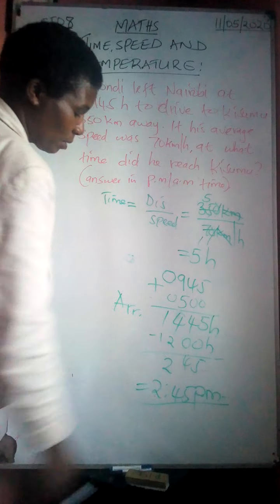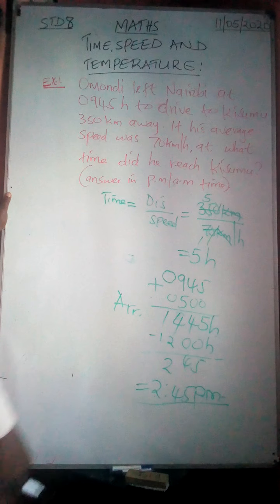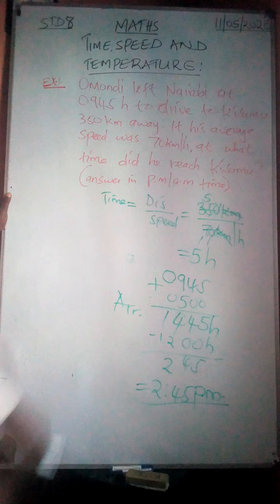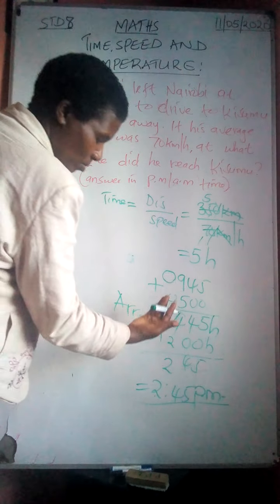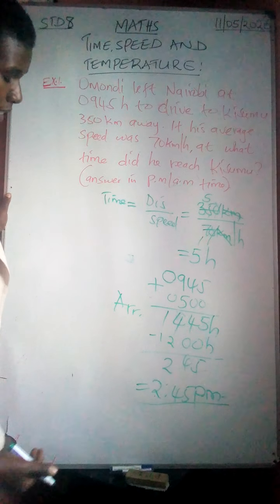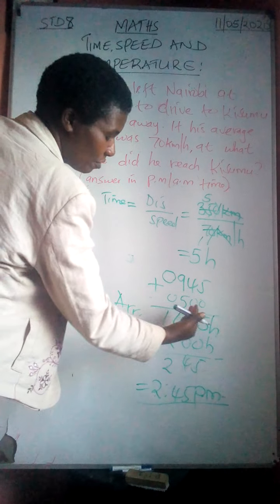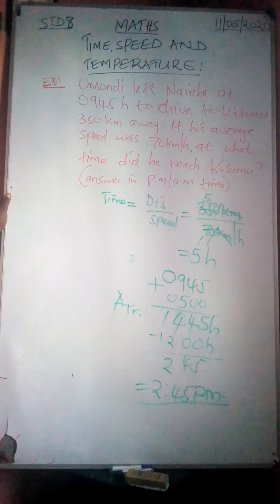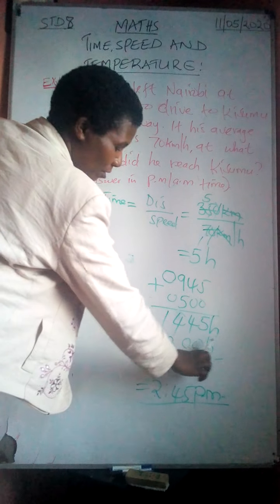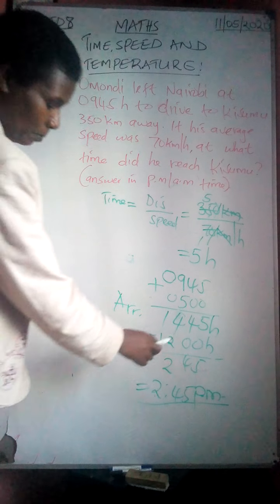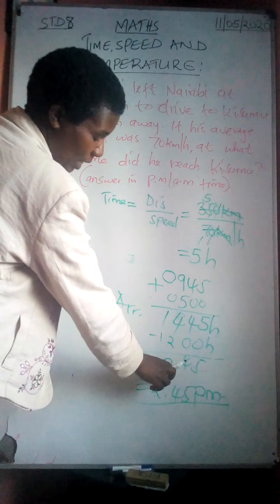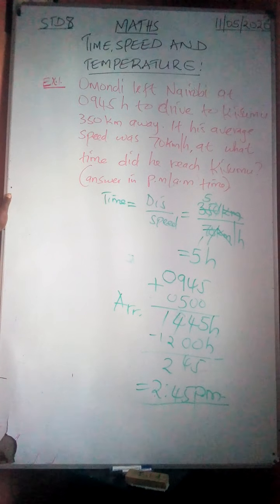So that is where we are subtracting the 12 hours from 14 in the 24-hour clock system. Once the day began from midnight, 14:45 hours have passed. So we take away the first 12 hours of the day, up to noon, then we arrive at our answer that this man arrived at 2:45 p.m.